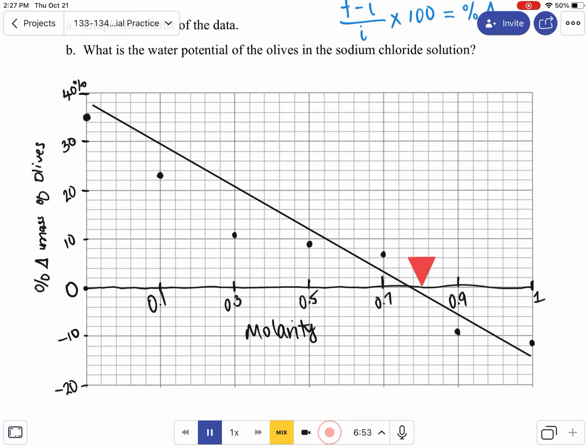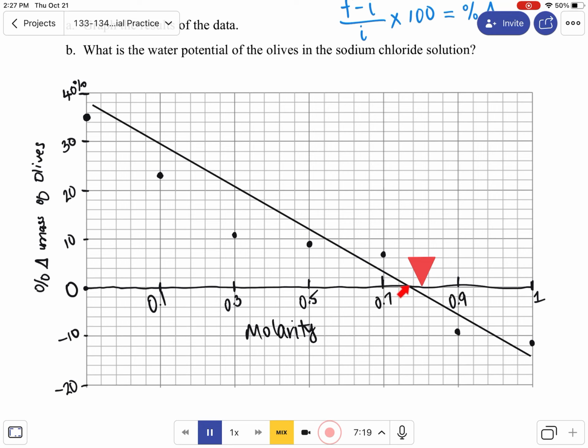Halfway between 0.7 and 0.9 would be 0.8, which is about right here on my graph. And I can see that my line, my intercept, does not quite get to that point right there. It is slightly before. So halfway between 0.7 and 0.8 would be about 0.75, which is what looks like where my line is intercepting.